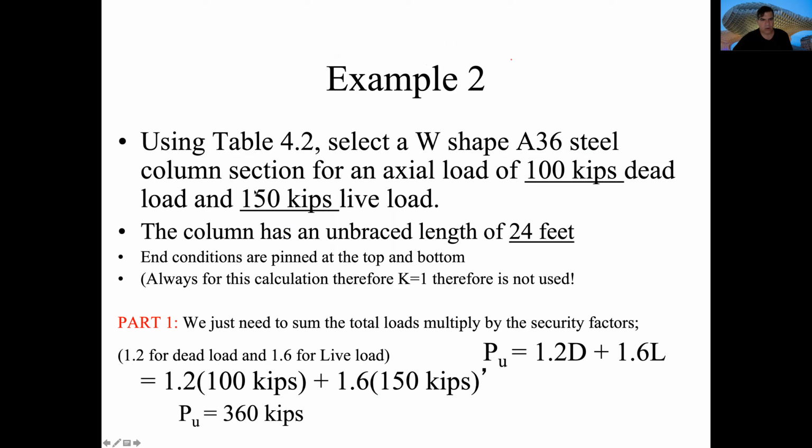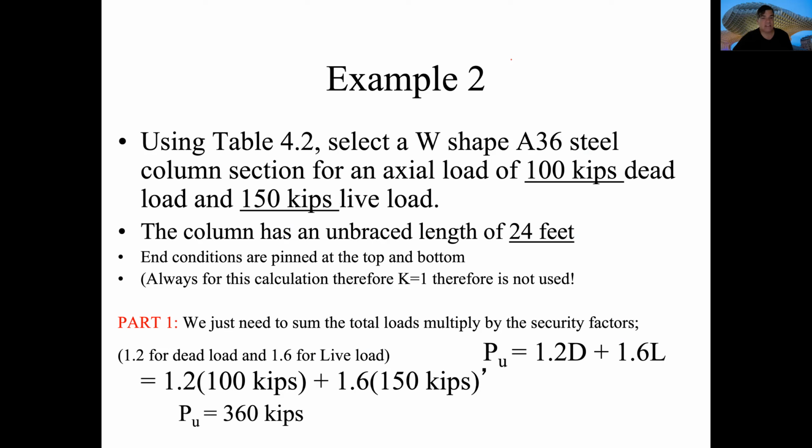And the live load of 150 kips, we need to make 60% bigger, where we will multiply by 1.6. That is always like this. Well, dead load 100 kips multiplied by 1.2, plus the live load of 150 kips multiplied by 1.6, both together are the load that this column is supposed to support, and it's 360 kips.